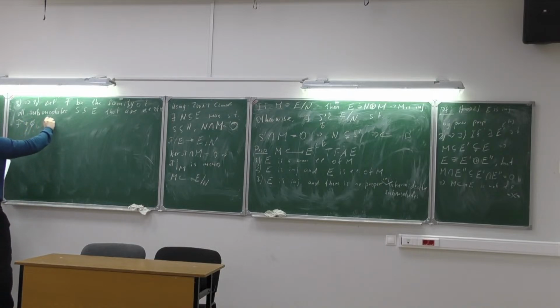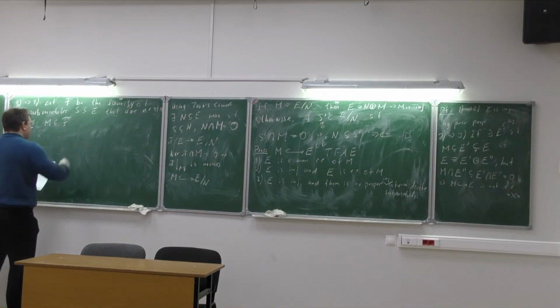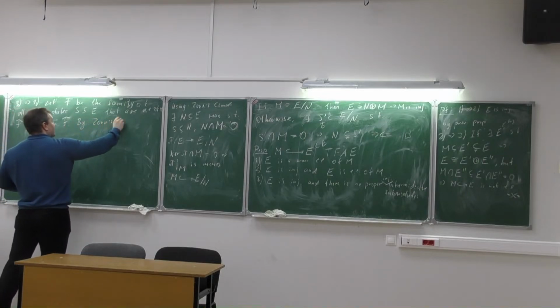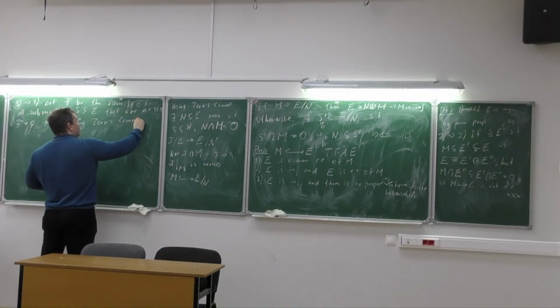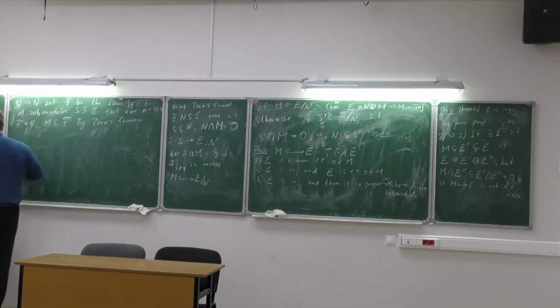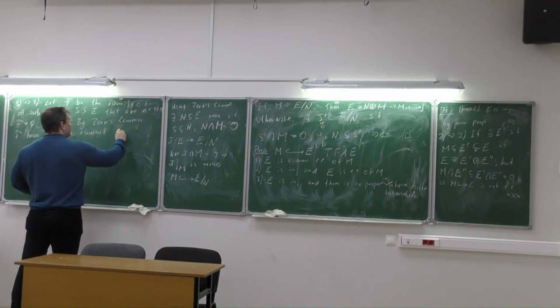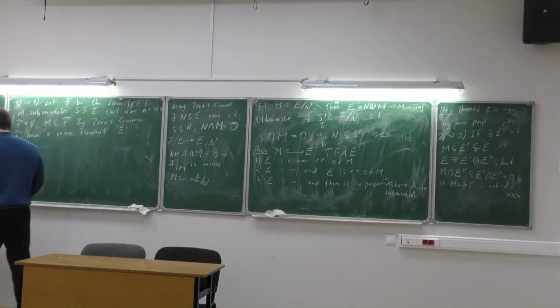Well, we have M, for example, as an element in the family F. So by Zorn's lemma, F has a maximal element. So let's call this maximal element E prime.